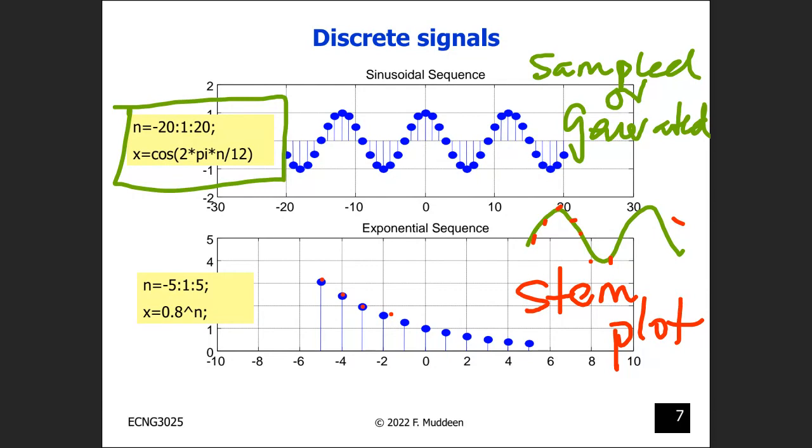The stems, which are the vertical lines, are just so that you can see where it lines up in the x domain, which is supposed to be either the sample or time. So the vertical line is not part of it at all. All you are really supposed to see is this.